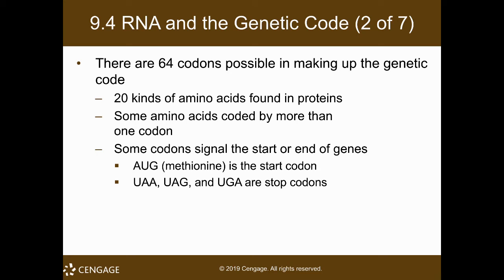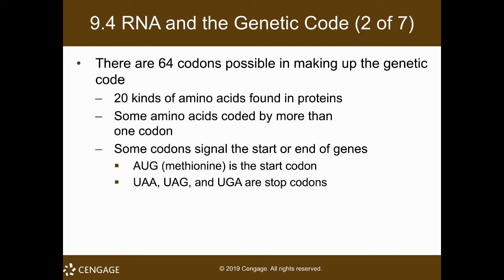Because, again, it's a permutation of 4 nucleotides grouped into 3, and the order is also important. So, you have 4 times 4 times 4, which gives 64 possible codons, or basically sequences of 3 among the 4 nucleotides.